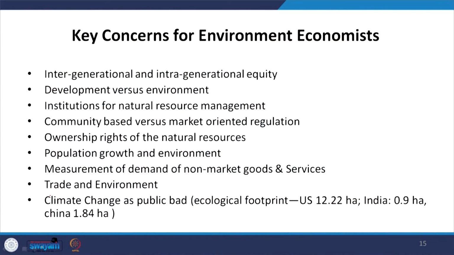Gandhiji gave the concept of trusteeship. Many people believe that the current generation is not the owner of these resources, but only the trustee, and we have to keep all our resources intact for the future generation.